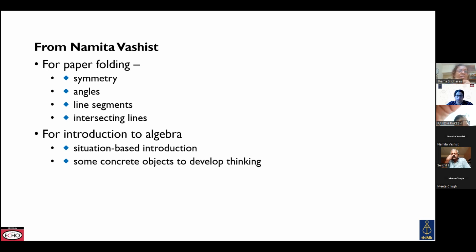Say you make maybe a boat or a frog out of origami paper, and then you open it up and you see all kinds of angles and line segments and different polygons which the children can explore. So we did this last week. I think when we share the PPT, then this will be similar. Thank you so much.